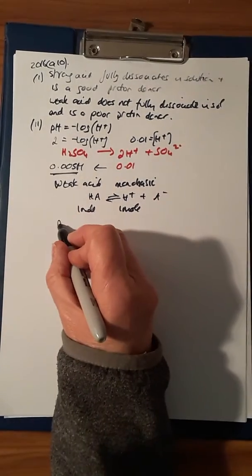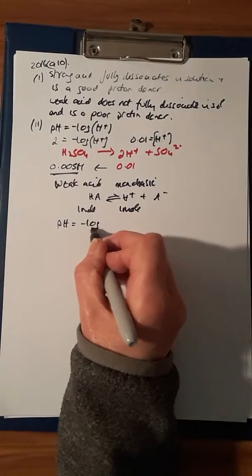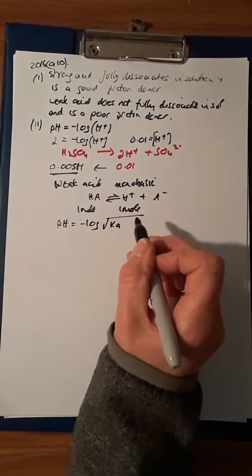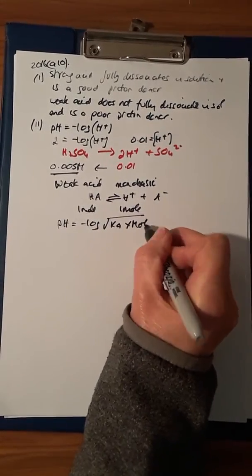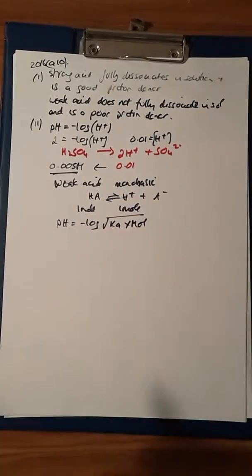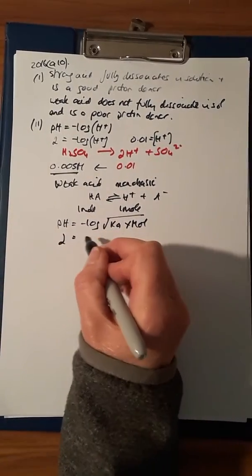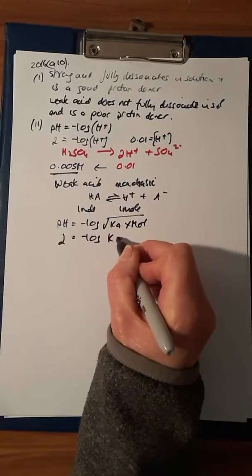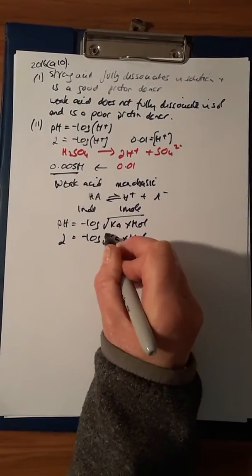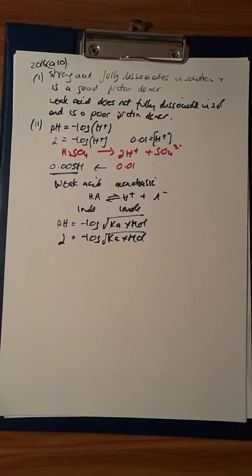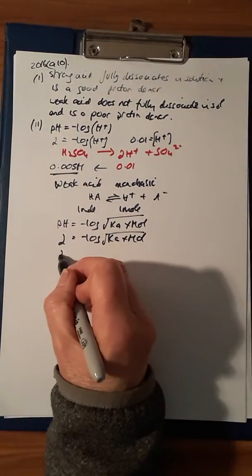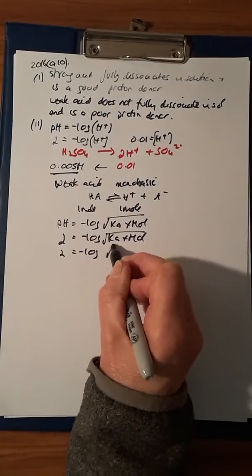Okay, so what was my pH? pH for a weak acid, remember, is minus the log of the square root of the Ka by molarity. pH, I'm told, is 2. So 2 is equal to minus the log of the square root of Ka by molarity. I'm told what the Ka is. In the question it says it's 1.8 by 10 to the minus 4.